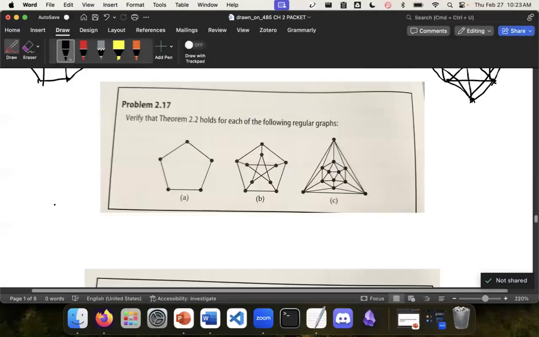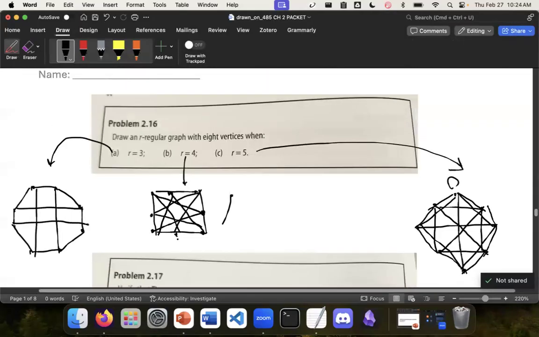For the other ones, if we were to write the degree sequence, it's just 4, 4, 4, 4, 4, 4. Right? If we are writing down the degree sequence, all the vertices have degree 4. The term we call for that is regular.